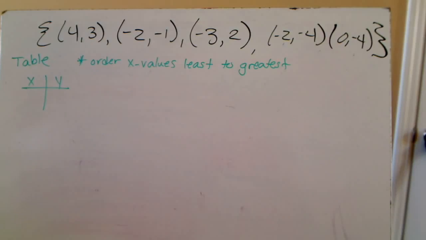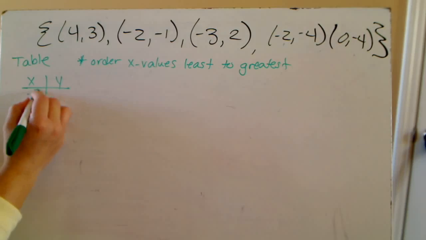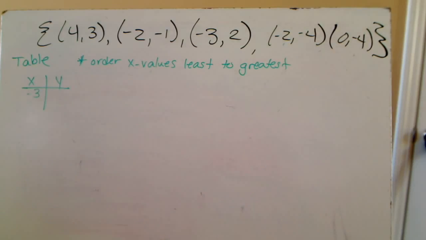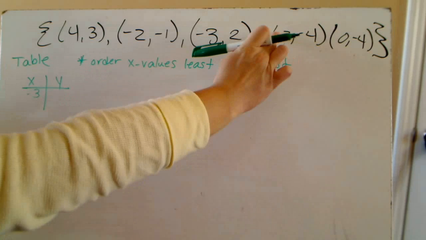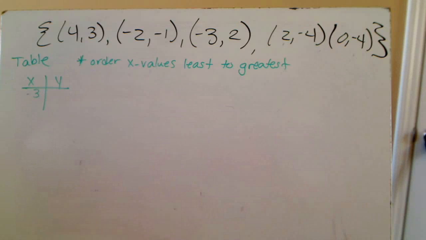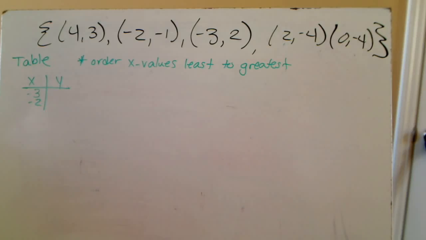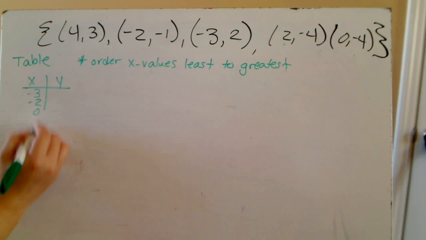So we're going to look at all of our X values. And we also don't repeat any of them. Our smallest X value we have is -3. We have -3. Then we have -2. Then we have 0, 2, and then 4.